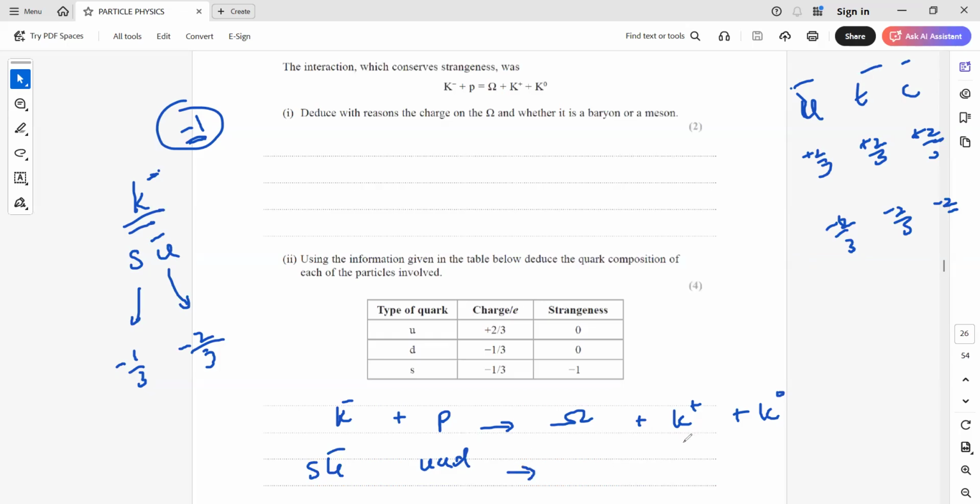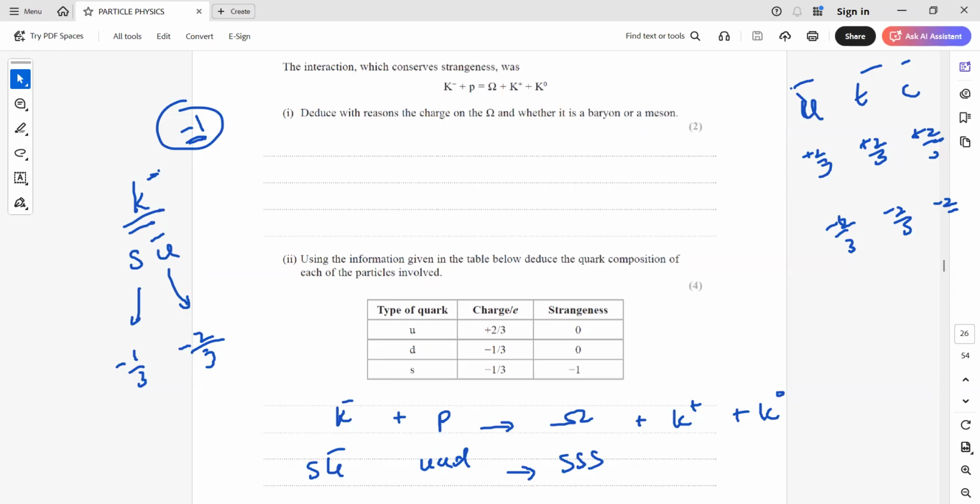Then this is K plus, which is also a meson. And this particle, we already identified, has a strangeness number of 3. So three strange particles are there.